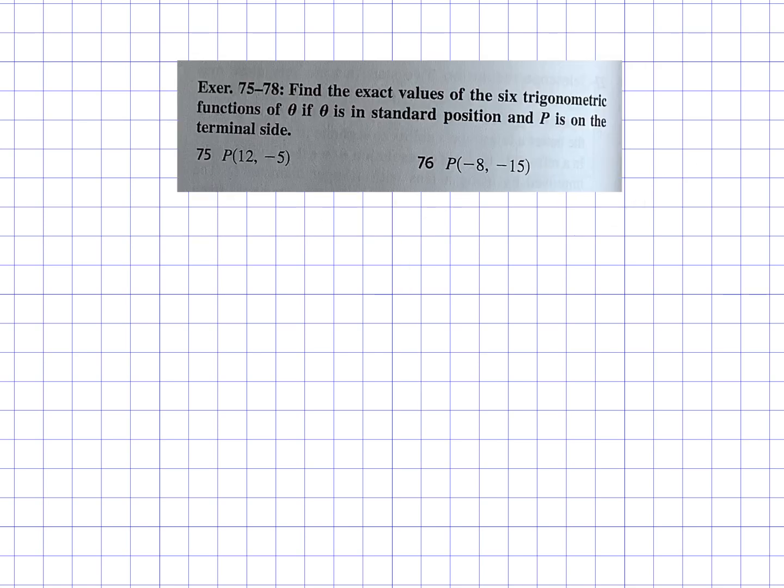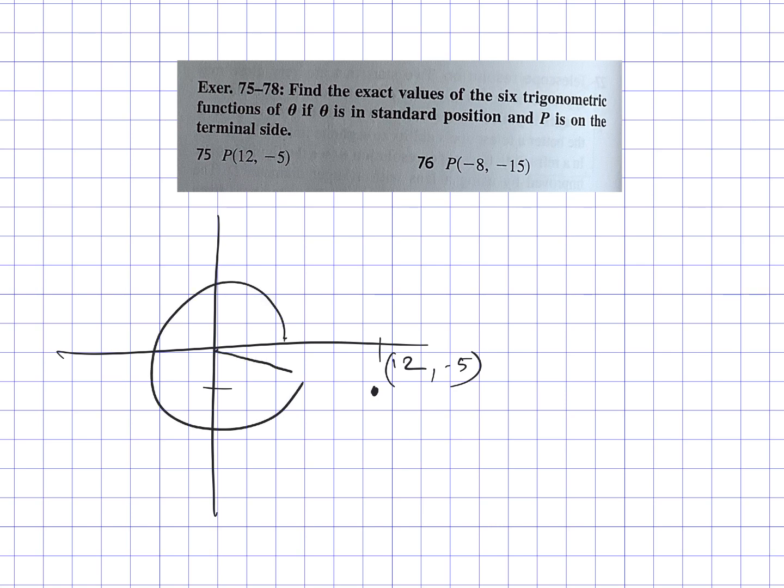Find the exact values of the 6 trigonometric functions of theta if theta is in standard position and P is on the terminal side. P is on the terminal side at 12, negative 5. So we're at 12 and negative 5 right there, and that goes all the way around to here.